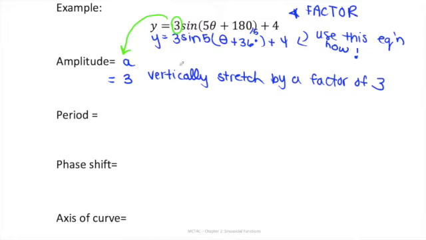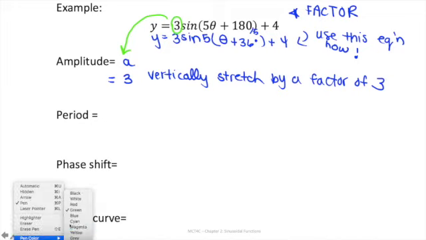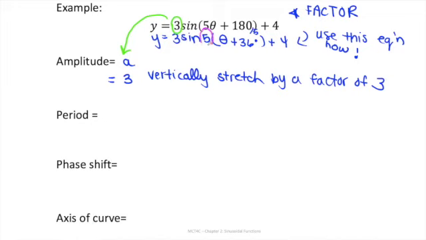Your period, remember, is your K value. Your K value in this example is 5. And then for your period, you need to make sure that you're actually determining your period. So you need to take 360 degrees, divide it by 5.